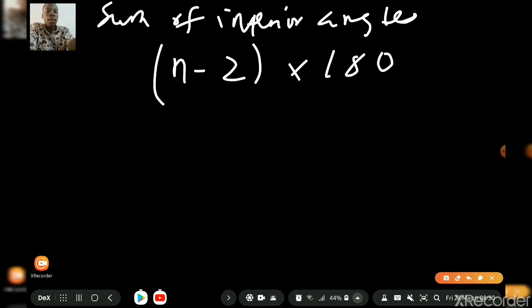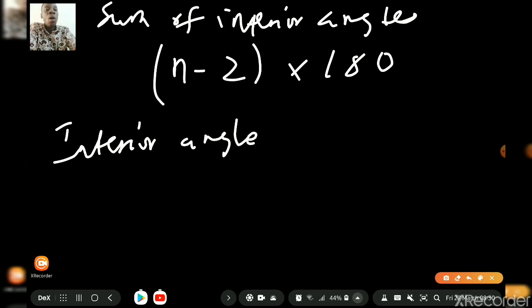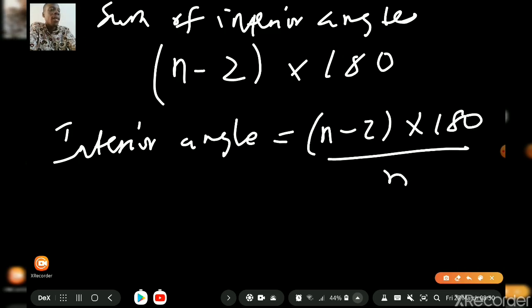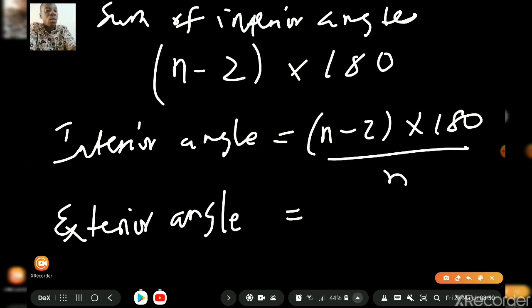The interior angle of a regular polygon is going to be n minus 2 times 180 over n, and the exterior angle of a regular polygon is going to be 360 degrees over n. So take note of this. We are going to use this to solve all of the examples in our book. Thank you.